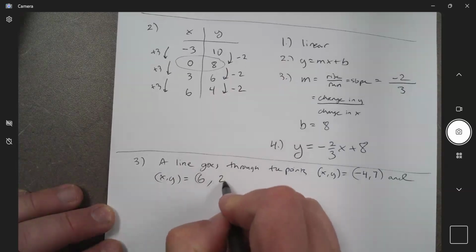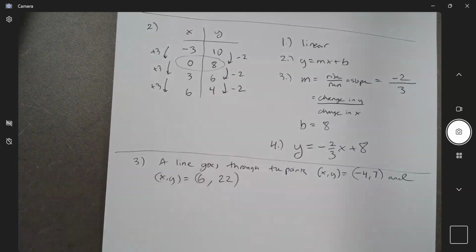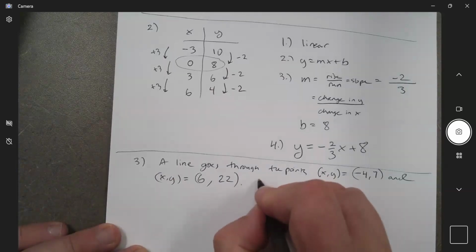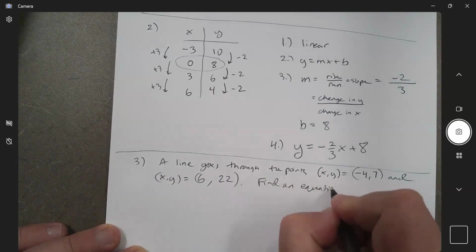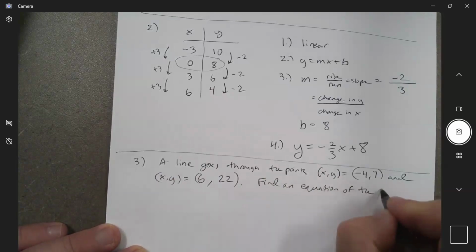I think 22 is what I want. Hopefully I built this well. Find an equation of the line.